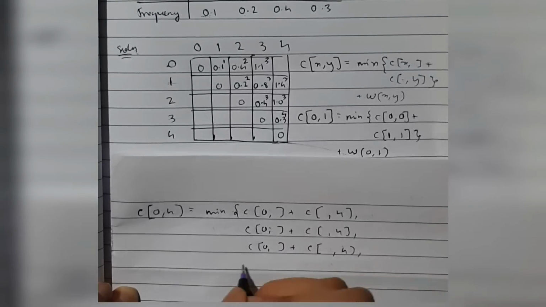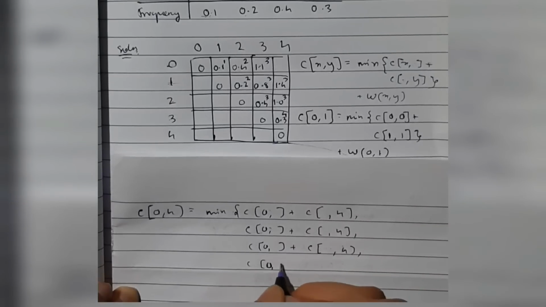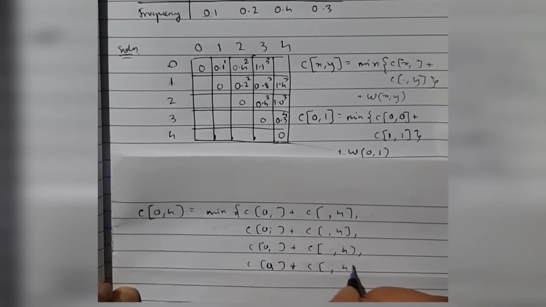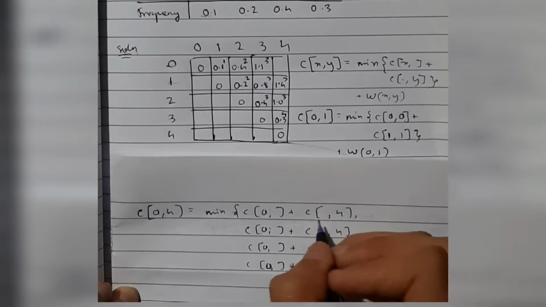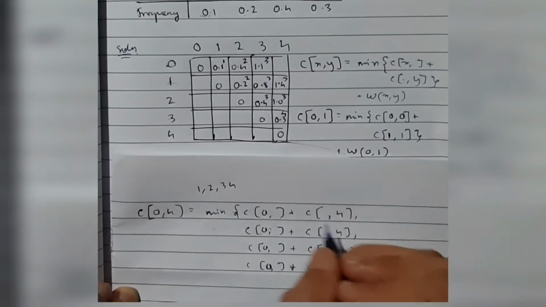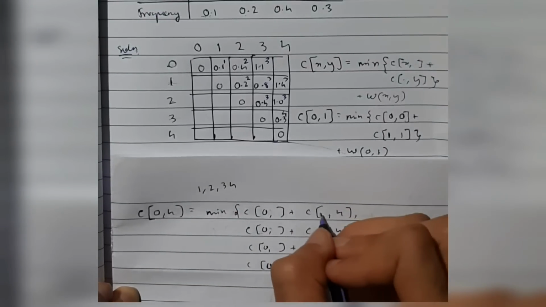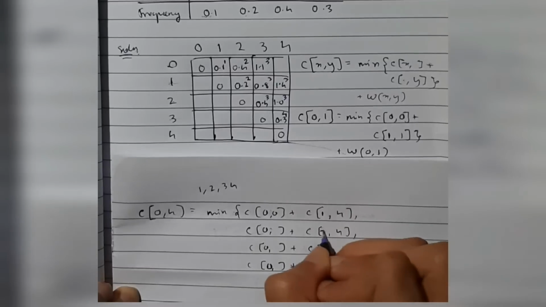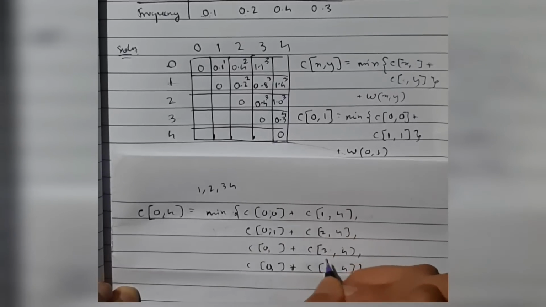Okay, after writing this we have 4 keys now, which is 1, 2, 3 and 4. So I'll be filling the table here, the 4 numbers. First I will see these are the keys 1, 2, 3 and 4. So I'll be writing the numbers here 1, 2, 3 and 4, and adding with weight of 0 comma 4.